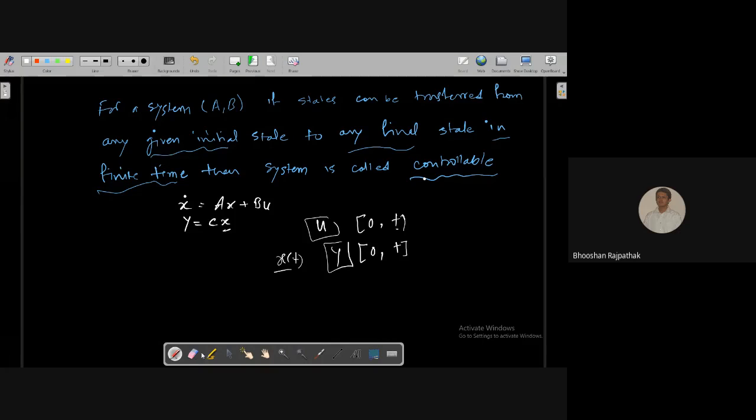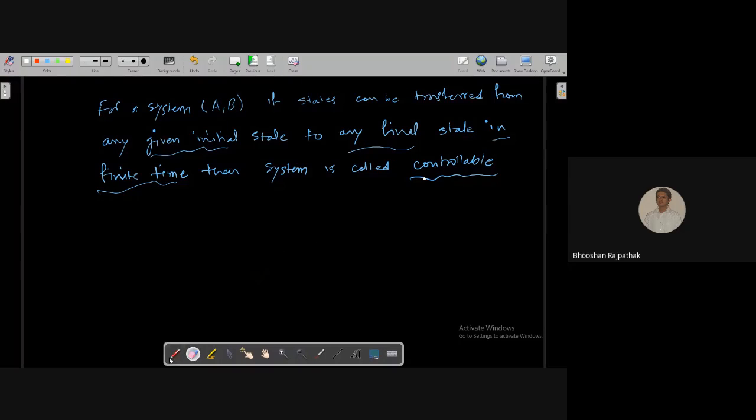One best example, and this was also asked once or twice in the GATE, long back I think, is very simple but intuitive, and many students, if they are not aware, commit mistakes here.